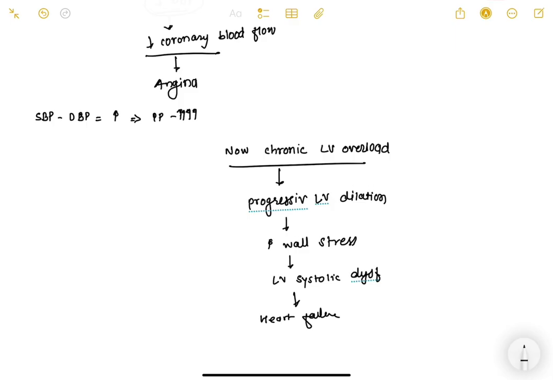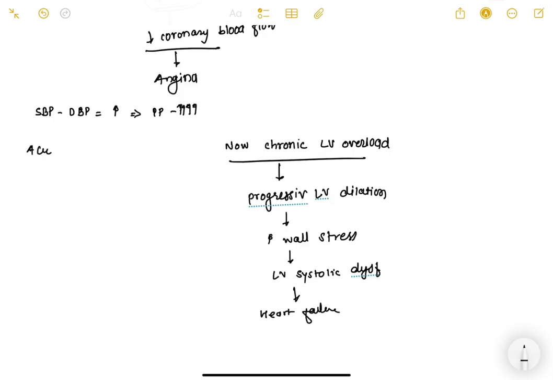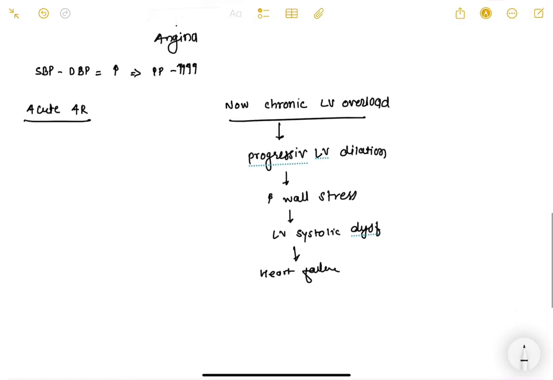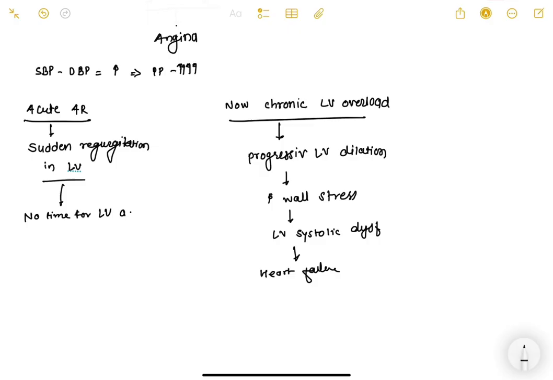Now what happens in acute AR? In acute AR, there is a sudden regurgitation into LV, and there is no time for LV adaptation.